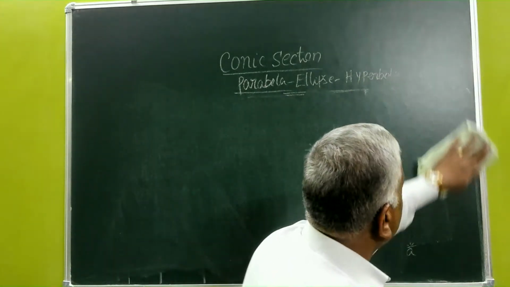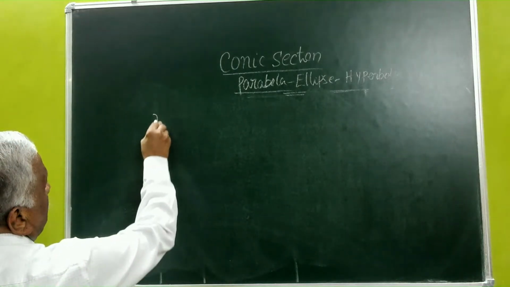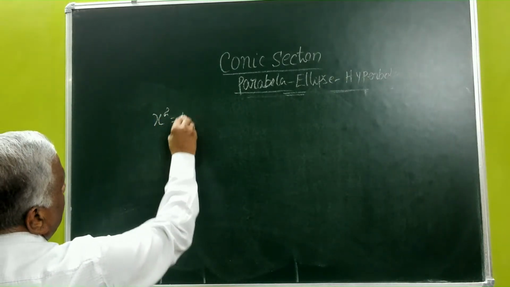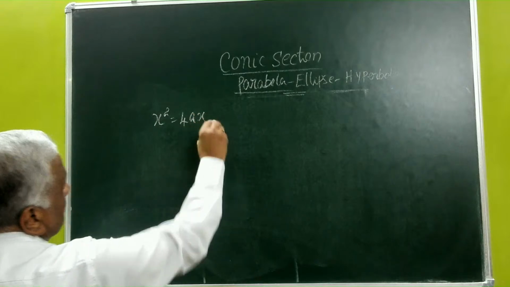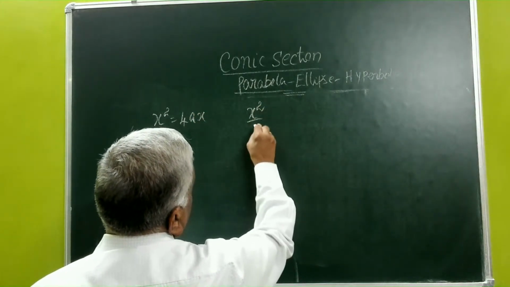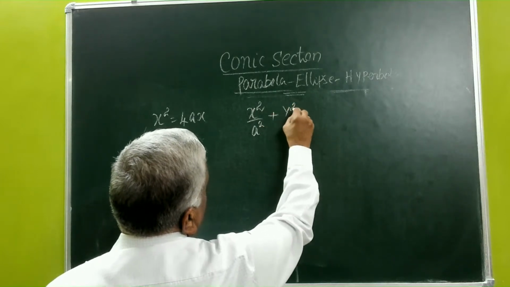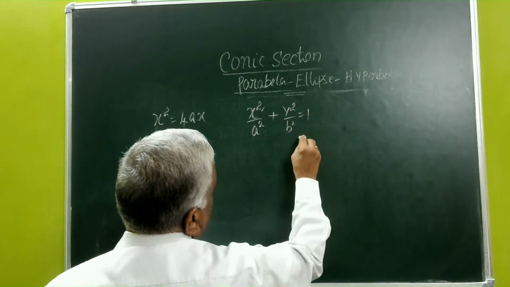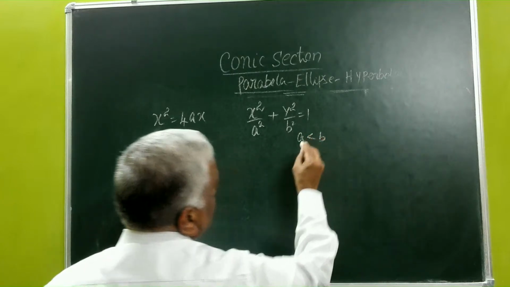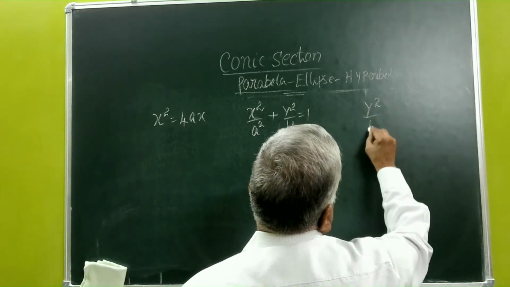One more idea you need to know here is this. Supposing they give the second type of parabola, x square equal to 4ay, or second type of ellipse, x square by a square plus y square by b square equals 1, a is less than b, or second type of hyperbola.